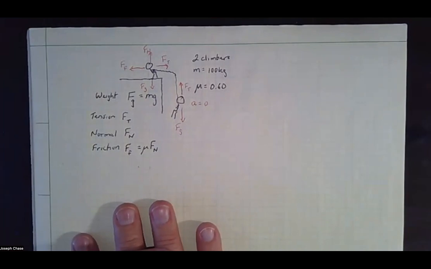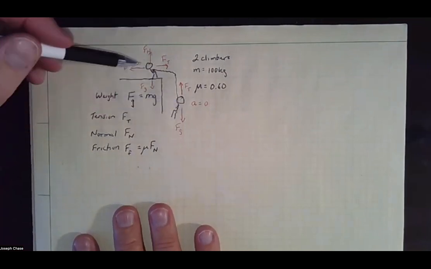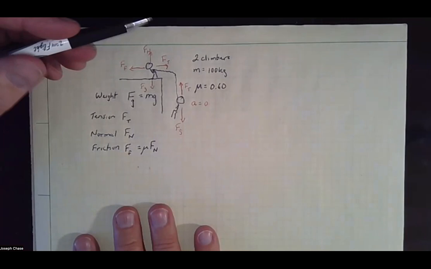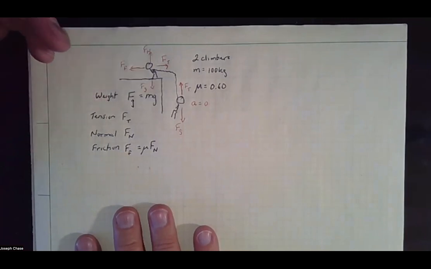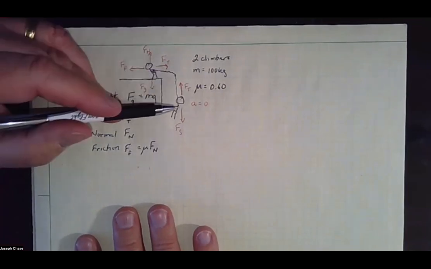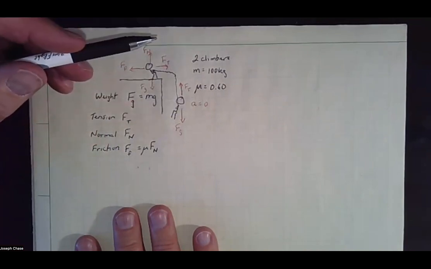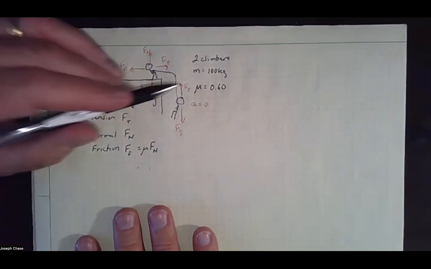Okay, so this technique that we've done where we've isolated the forces that are acting on each object is called a free body diagram. And we can identify all the forces and also the state of its acceleration. So let's give them names.